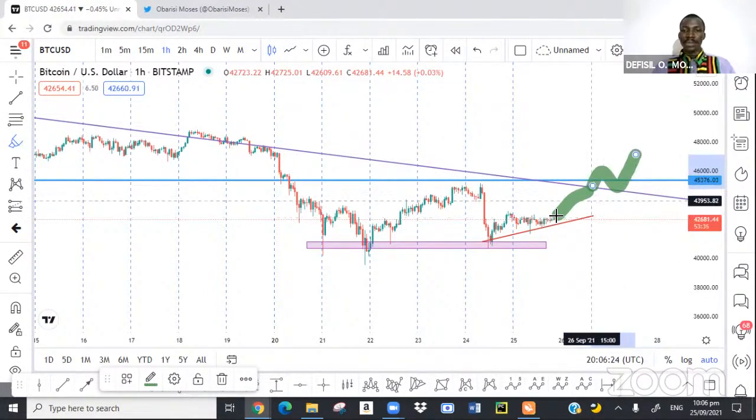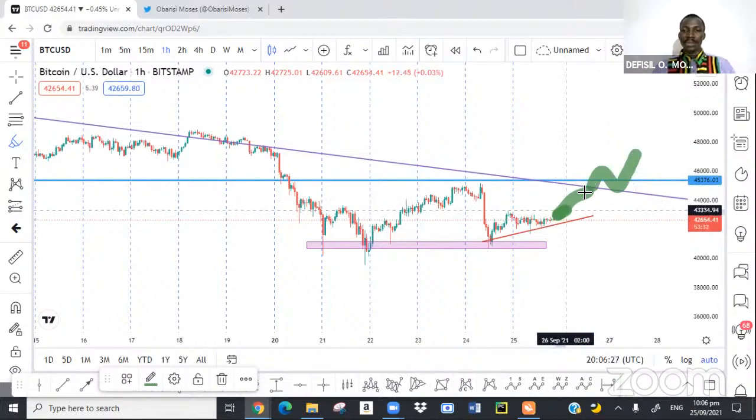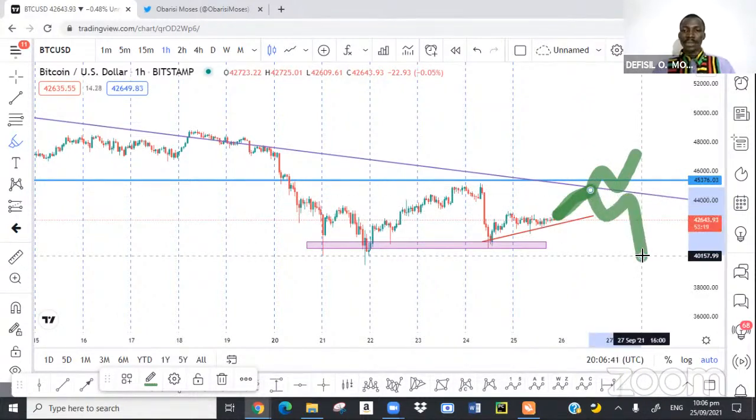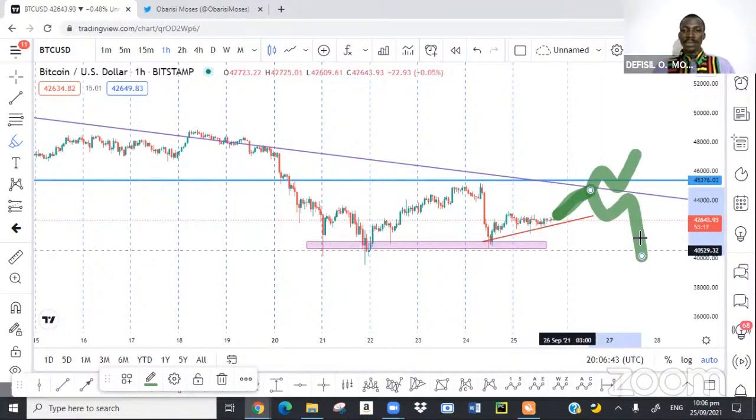Why? If it moves to this level and refuses to break there, being that it's a downtrend, I will wait for something like this, then I'll take my sell position. And this area of 40 will be my target. So that's for Bitcoin.